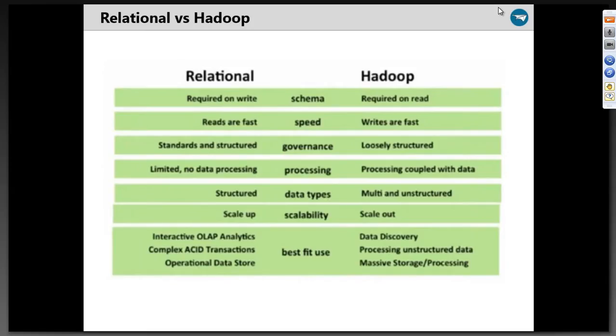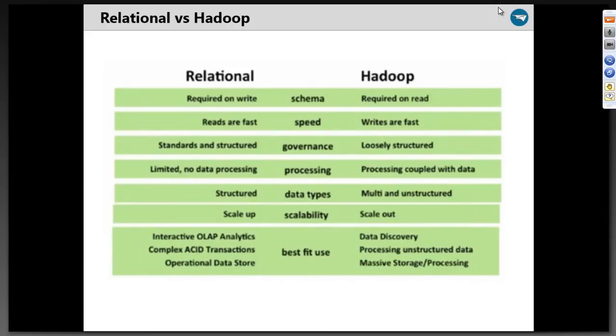So here's a great diagram that I got off the Hortonworks site talking about the differences between relational databases and Hadoop. This first one is crazy. A lot of people are going to have a hard time wrapping their minds around it.